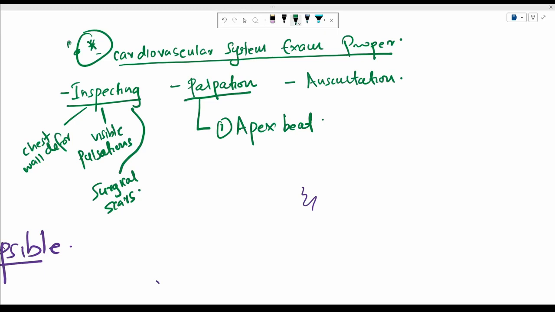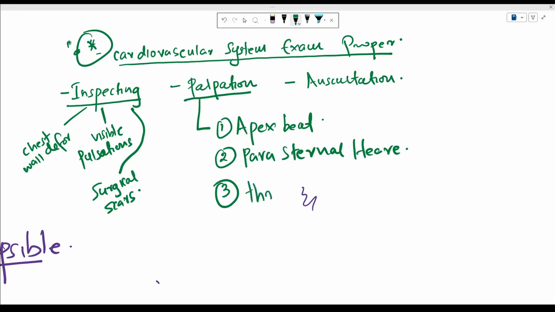Then you have to feel for other palpable thrills. Number one is a parasternal heave. You have to look for a parasternal heave. Then you have to look for any other thrills at the major points.